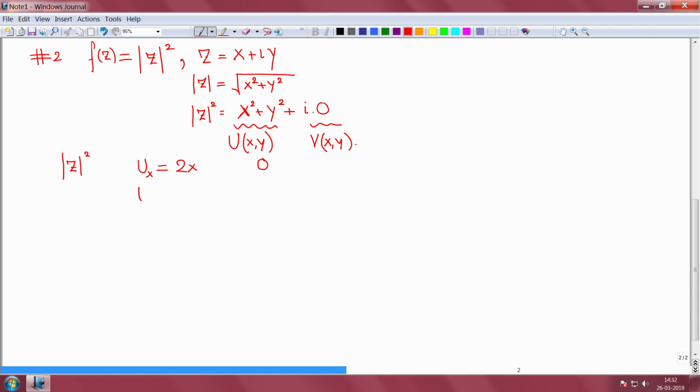Similarly u_y is equal to twice y, and on the other side v_x is 0. Therefore there is no way these can be equal. So the CR equations are not satisfied.